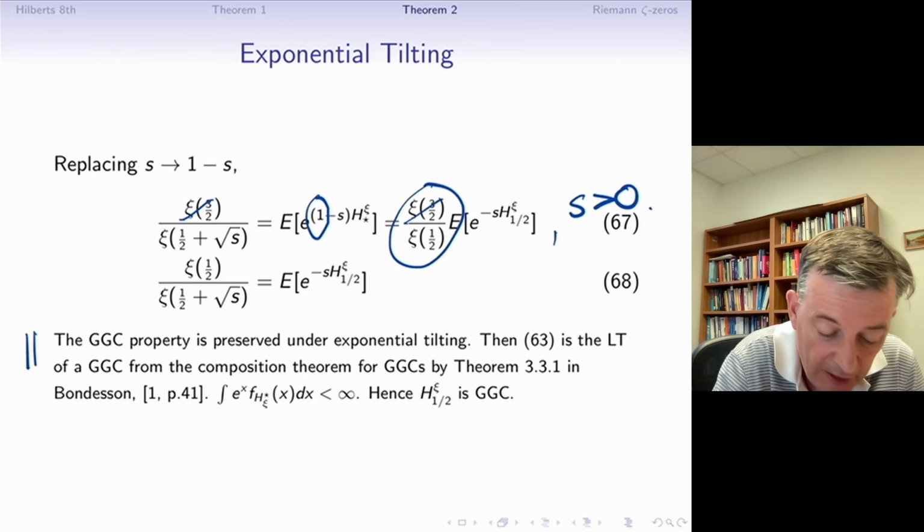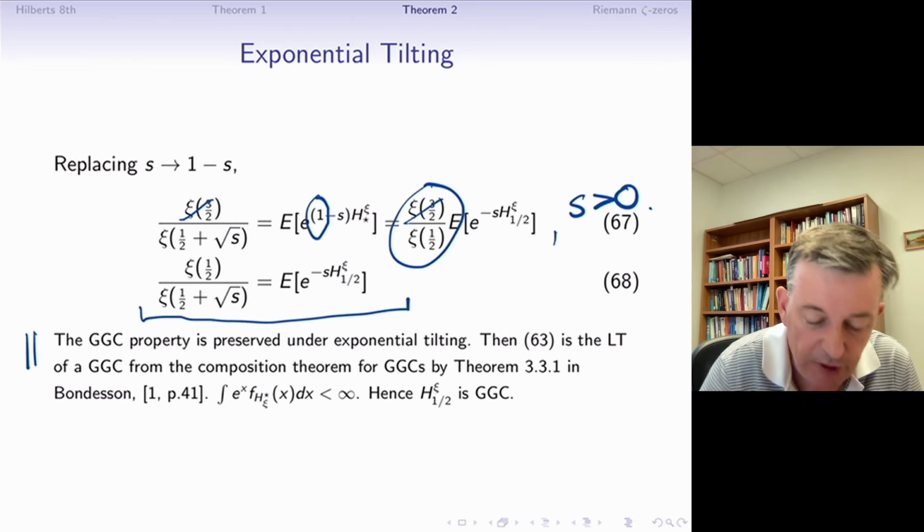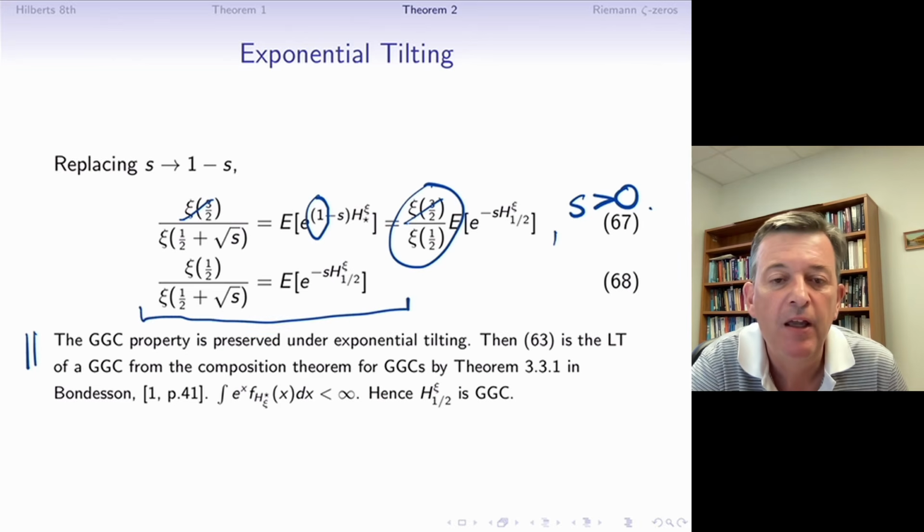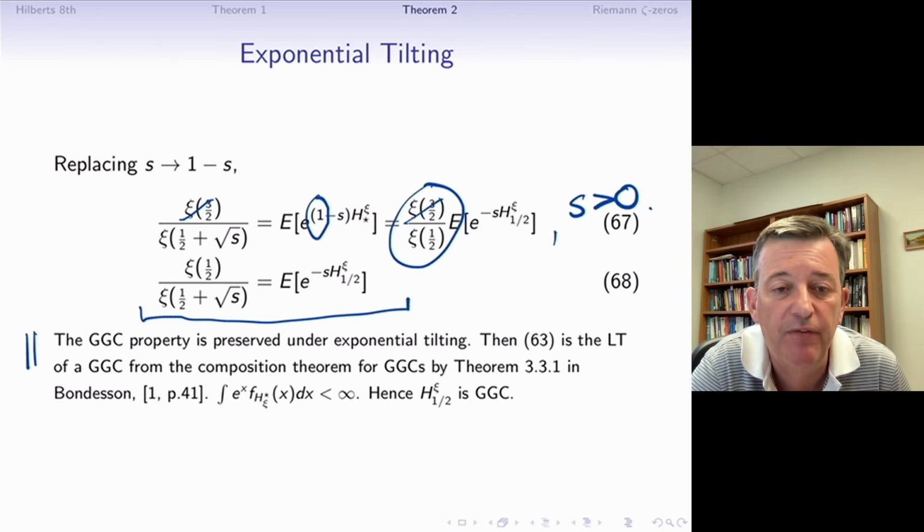So we've shown the existence of a GGC random variable such that the reciprocal zeta function, so xi of a half over xi of a half plus root s, is equal to the Laplace transform of a GGC. Another way of saying that is that the function on the left-hand side is what's known as a hyperbolically completely monotone function.